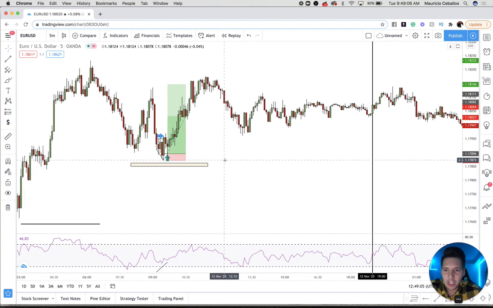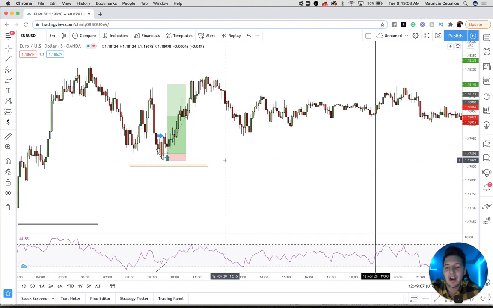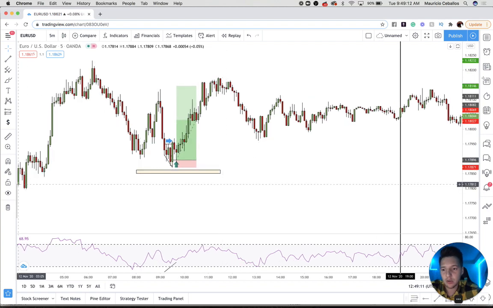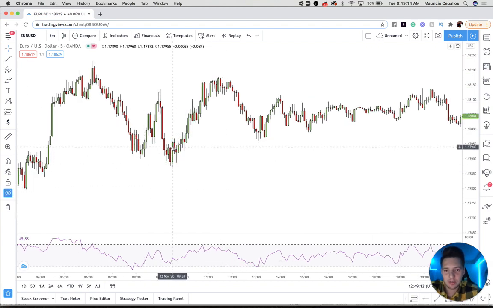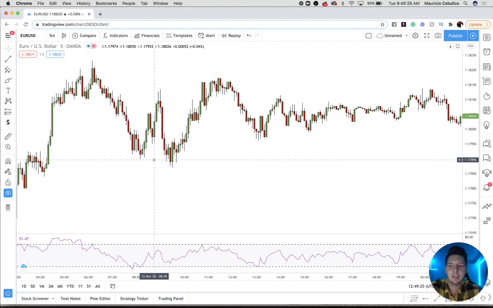Now, right here on the 5-minute, you can't really tell much, but one thing you can tell is this right here. You see this price action, you can see that there's a very nice tweezer bottom. Not just that, but over here you have this wick, so it looks like the market was coming into an even low level, and this is what I was paying attention to.